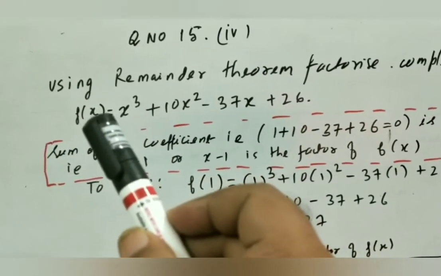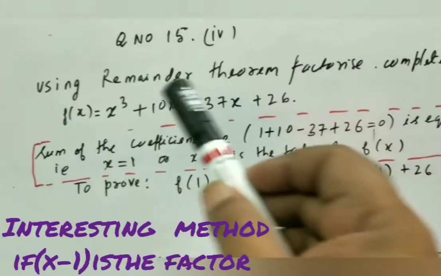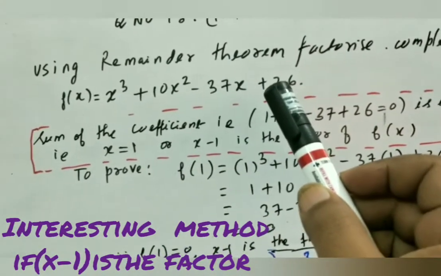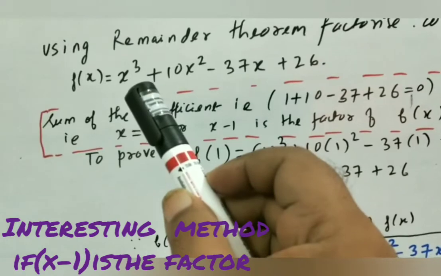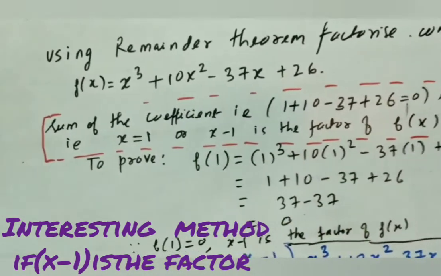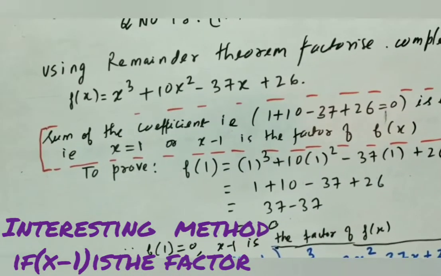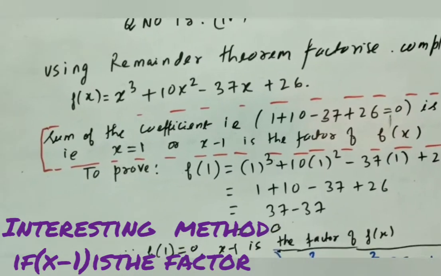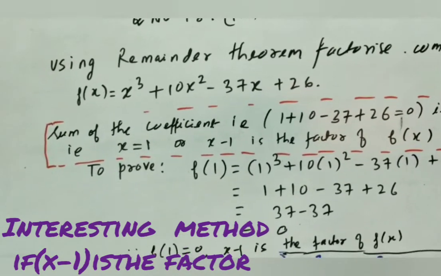You have to factorize this using the remainder theorem. Now actually, if you one by one in place of x write 1, minus 1, 2 or minus 2, one of them will give you 0.